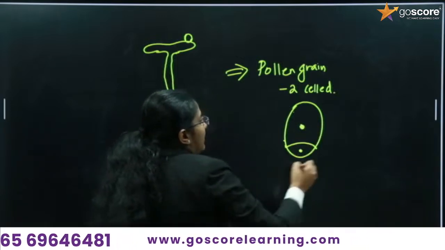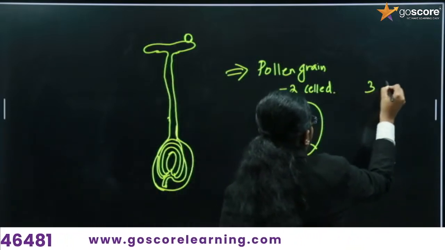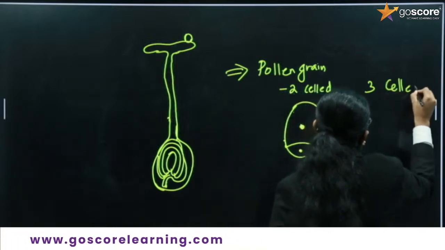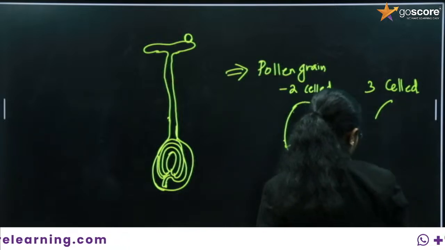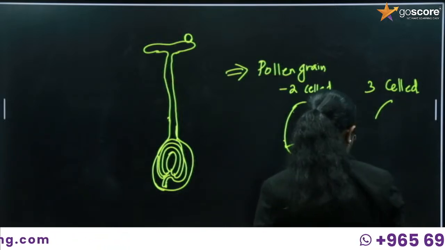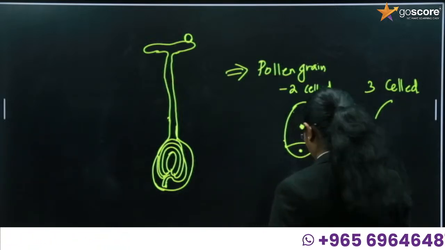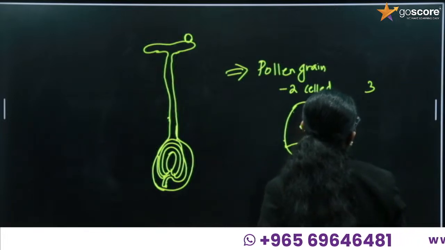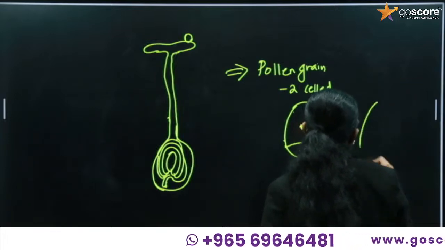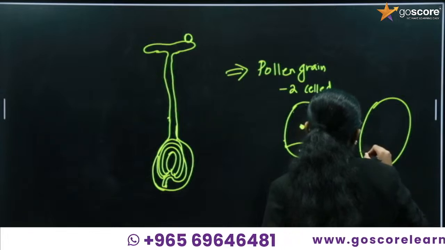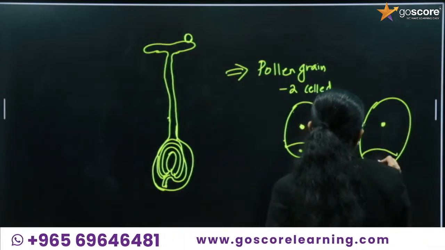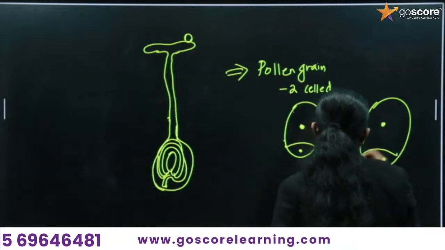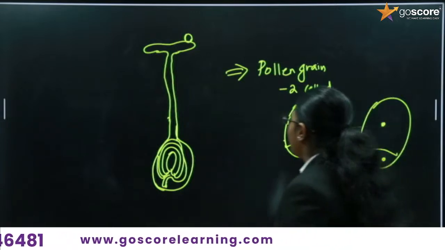The other condition is the three cell stage, which has three nuclei. The generative cell divides into two, which act as the male gametes.